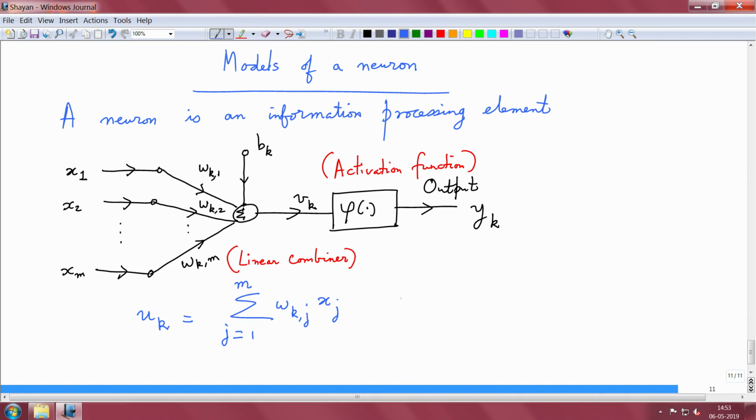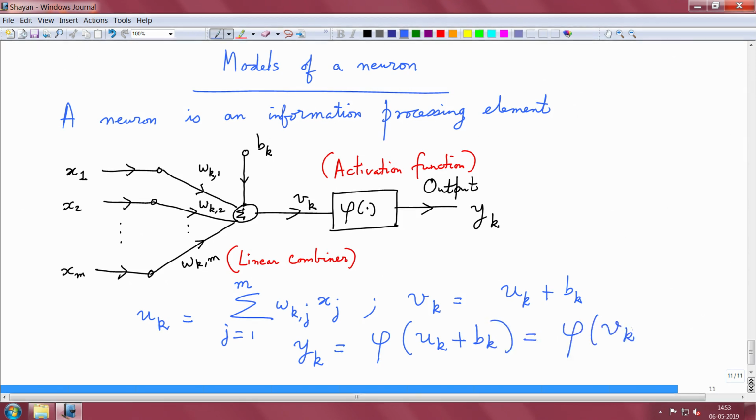And our signal vk is uk plus this bias bk. Now your yk is basically phi of vk, which is what we just described.